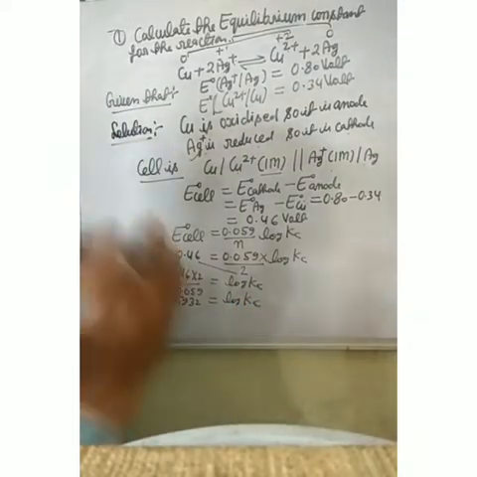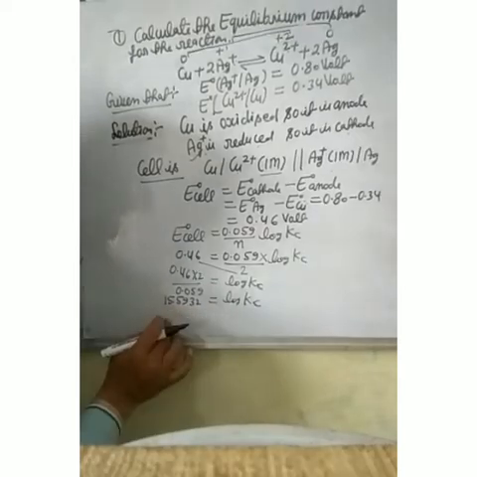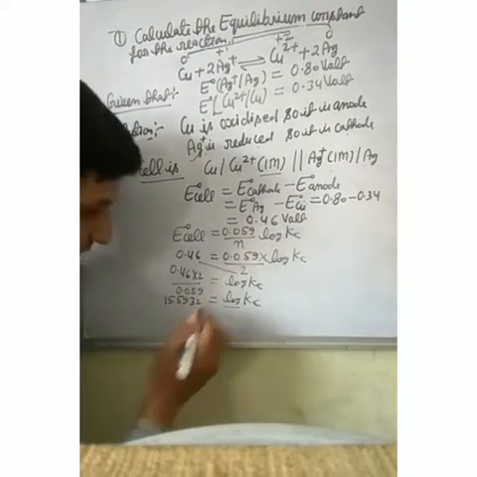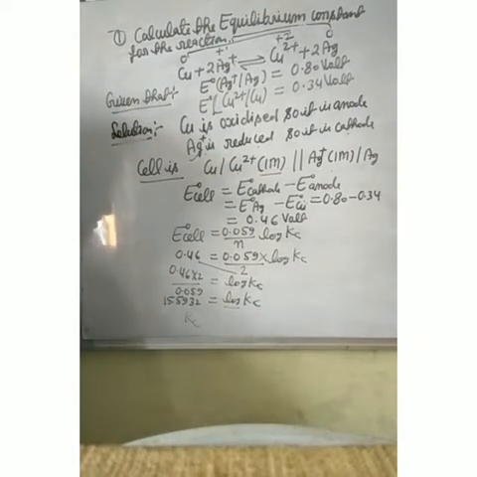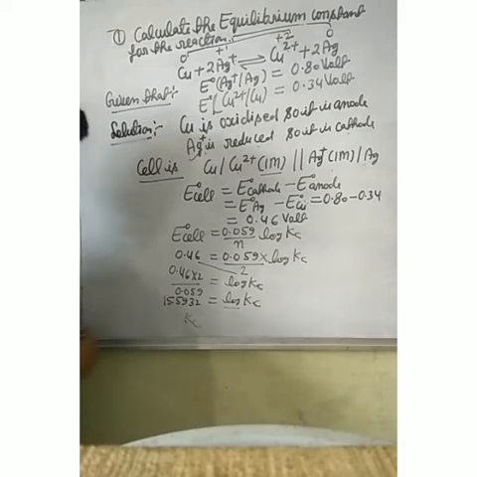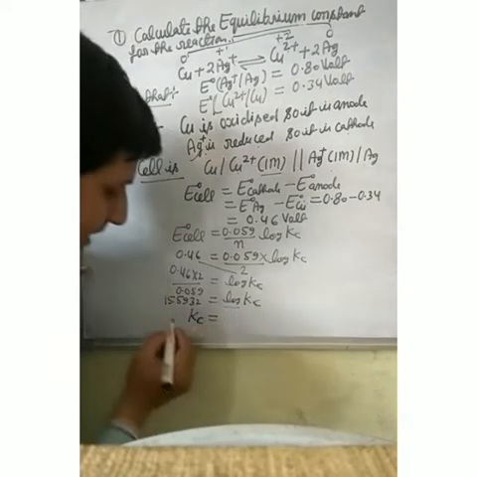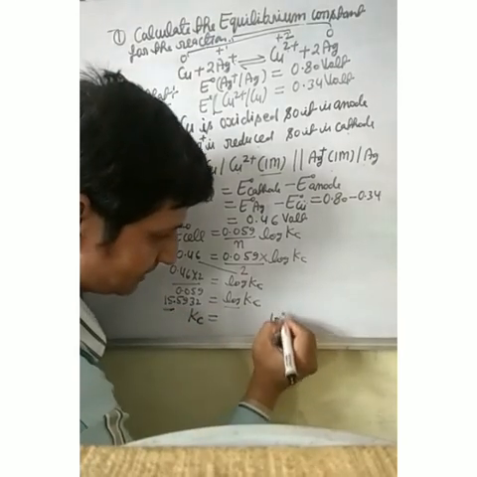Dear student, to remove log we have to take the anti-log. So taking anti-log on both sides, the log is removed and we get only Kc. Kc is equal to, and this is the power: we have to write this number as a power of 10, 10 to the power 15.